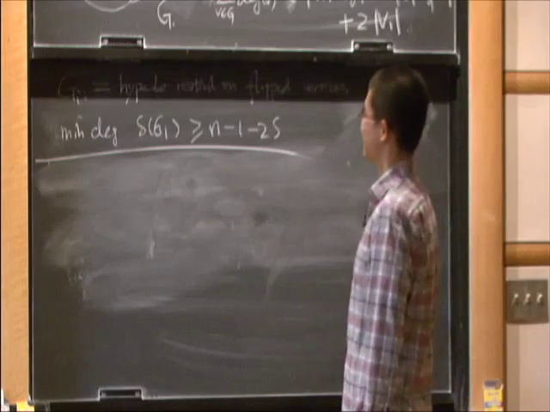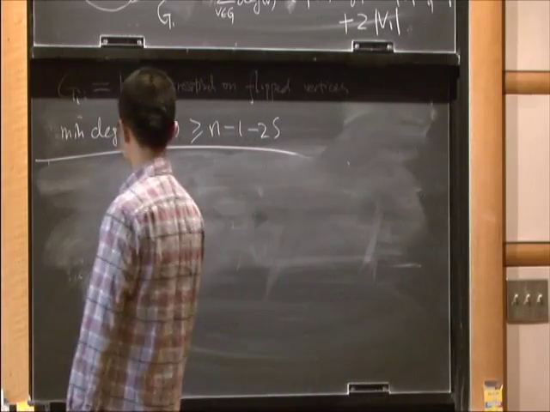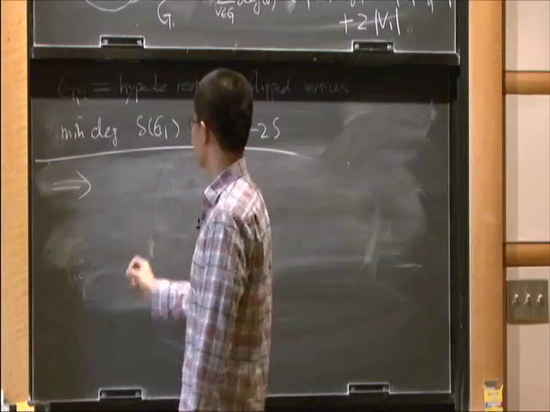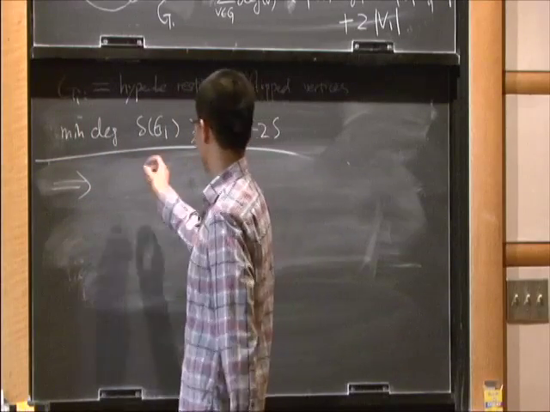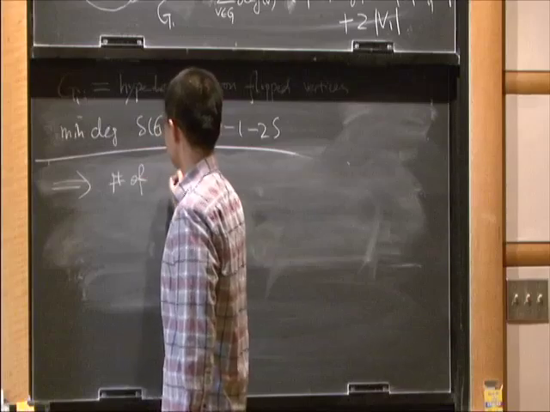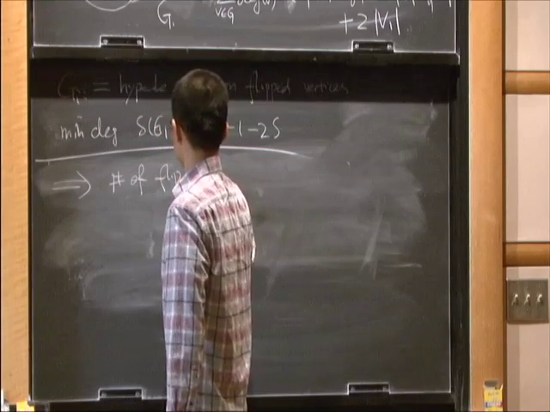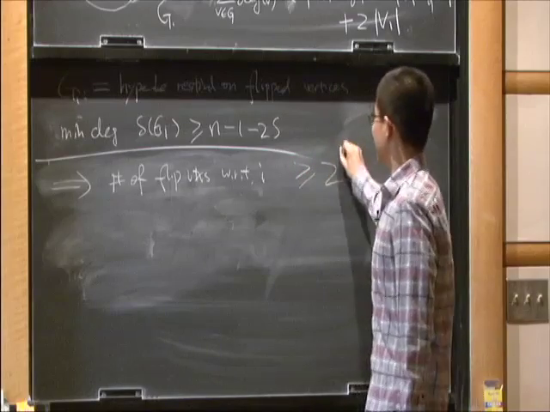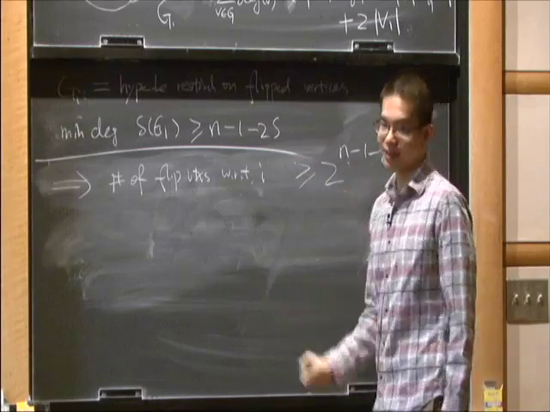So now I've already proved the lemma that I erased. If you remember what it is, this will tell you that the number of flip vertices with respect to i is at least 2 to the power of n minus 1 minus 2s.